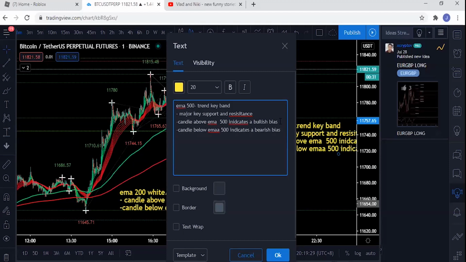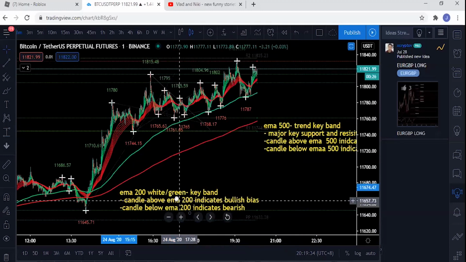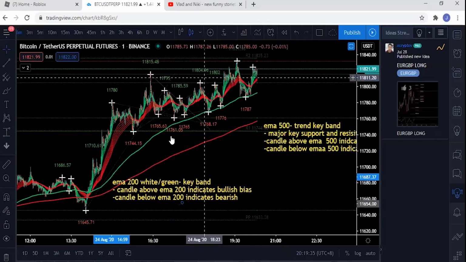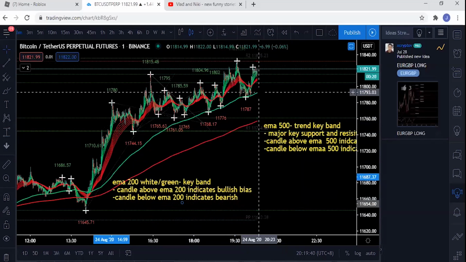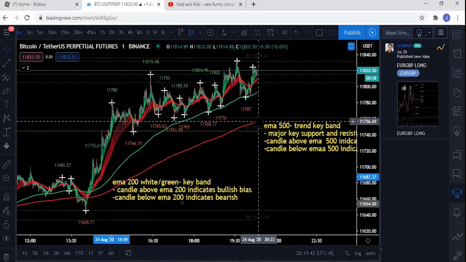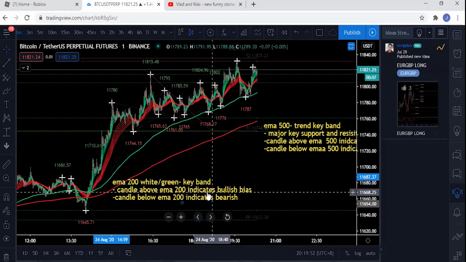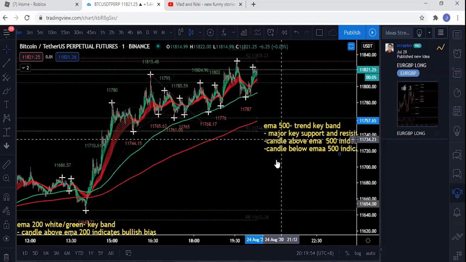So now you already know what these are. This is our key bands, EMA 200 and EMA 500. I hope you take down notes so that you can remember our key bands, our major support and resistance.